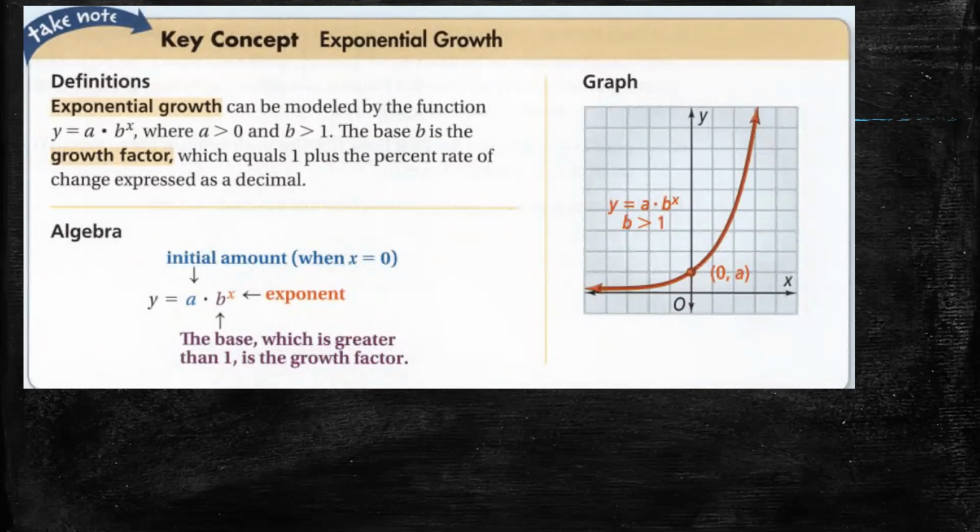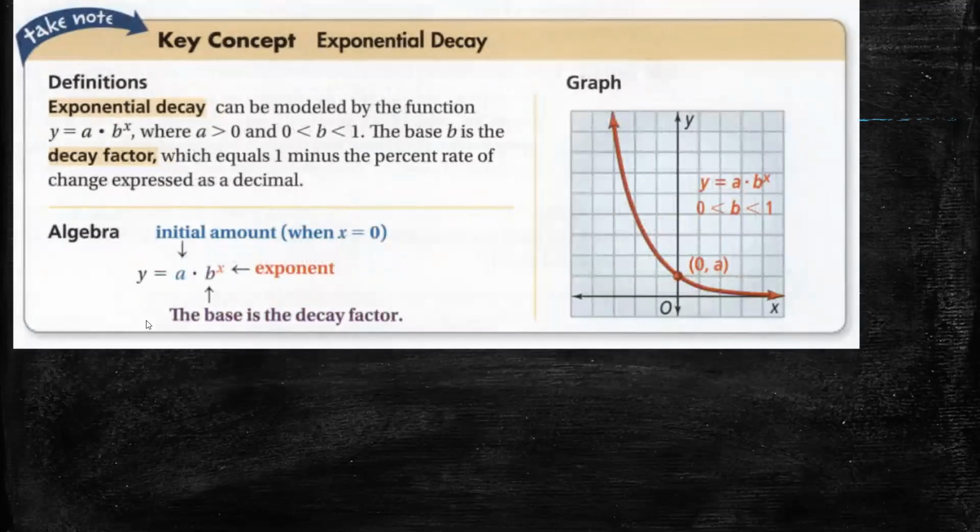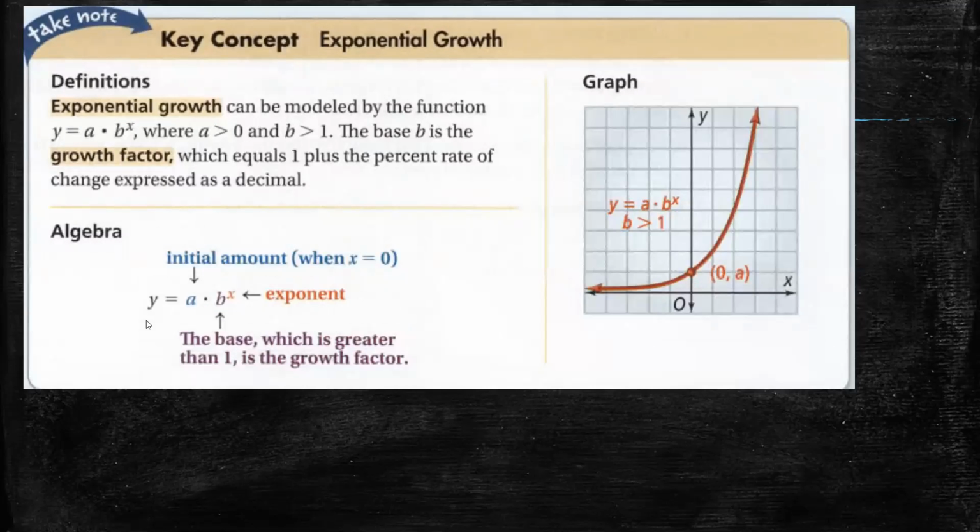Okay, the exponential growth, its function is y equals a times b raised to the power x. If I'm told, as an example, that the annual rate is 68% and it is increased, this word increased means I'm talking about exponential growth.